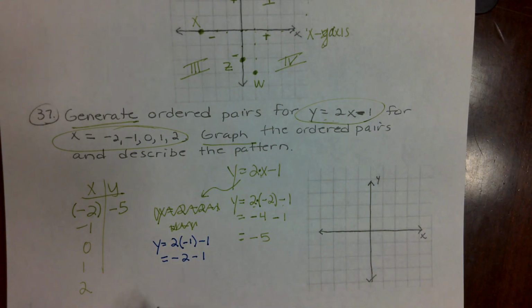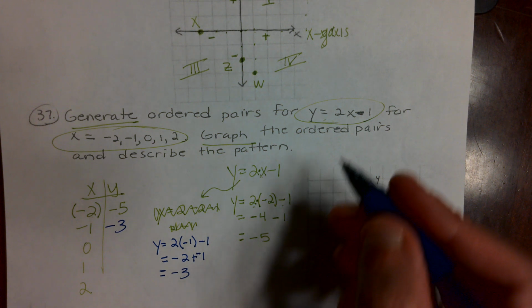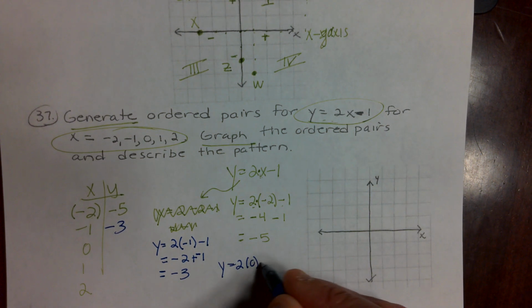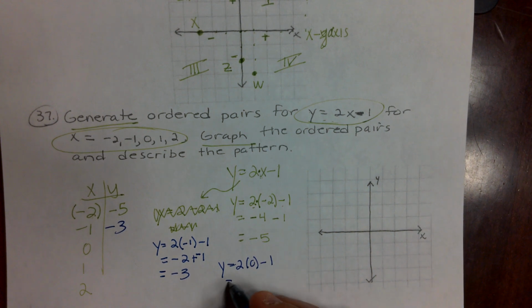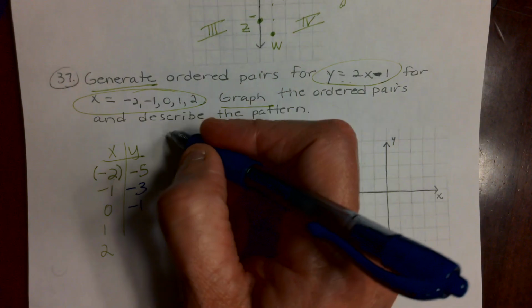So, all right. Negative 2 minus 1, add the opposite. So we have a negative 2 and a negative 1, and that is a negative 3. Then we go on and do the same thing with 0. So y equals 2 times 0 minus 1. 2 times 0 is 0, minus 1 is a negative 1.